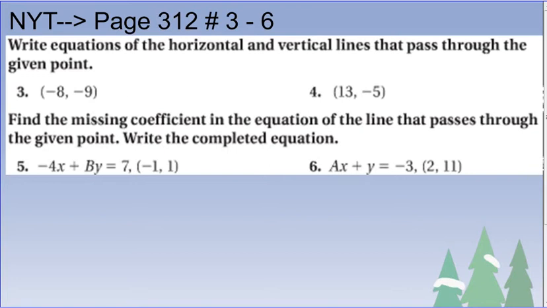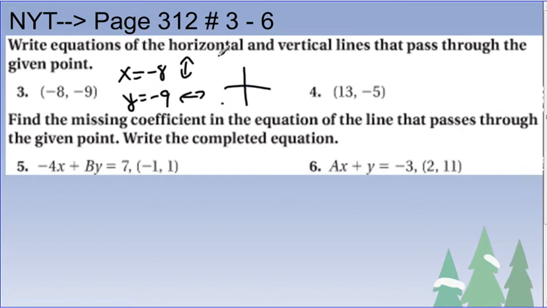Okay, so number 3 says we want the horizontal and vertical lines passing through that point. I remember x equals negative 8, y equals negative 9. This is the vertical line, this is the horizontal line. So if you think about it, this point, negative 8, negative 9 is down here someplace. You'd have to go over negative 8.